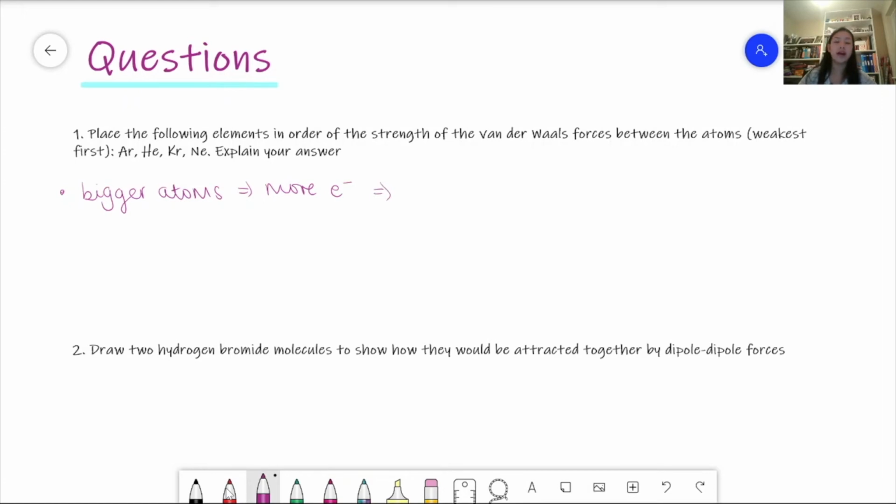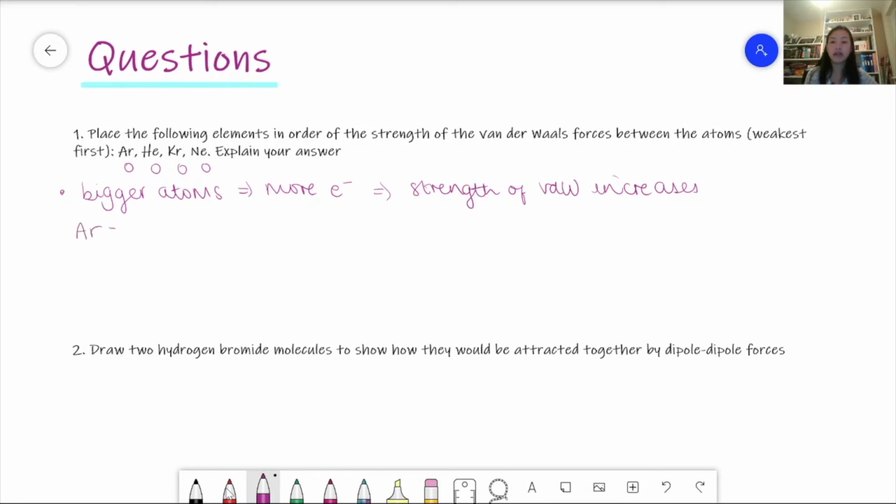So strength of van der Waals increases. And so basically we just need to place them in order of size. So we have argon, which is in group 0, helium, which is also in group 0, krypton, which is in group 0, and neon is also in group 0. So that doesn't help us, so we look at the periods.